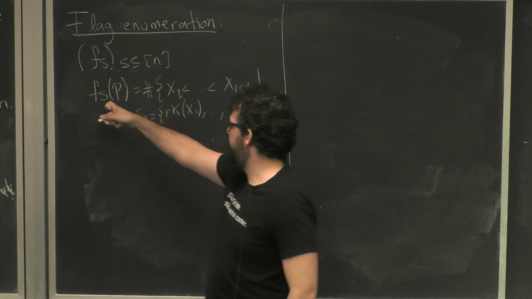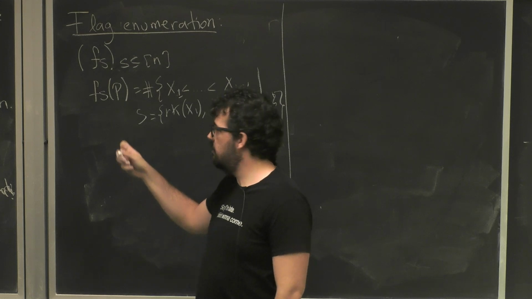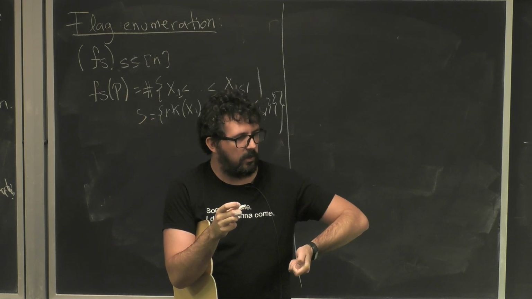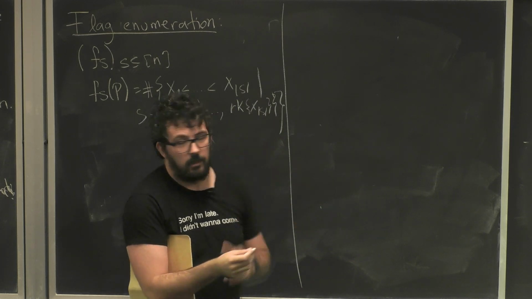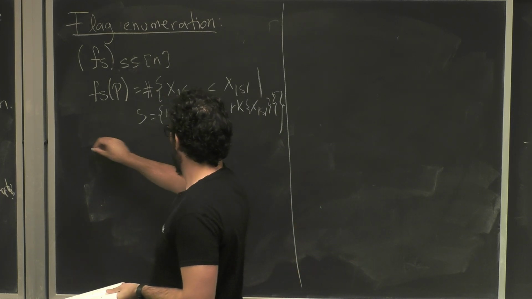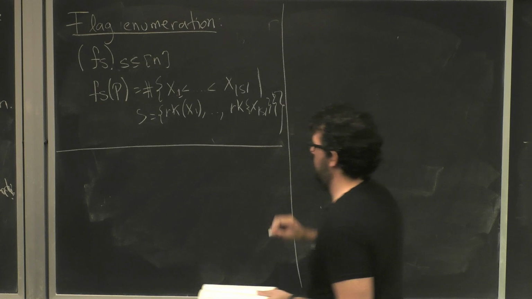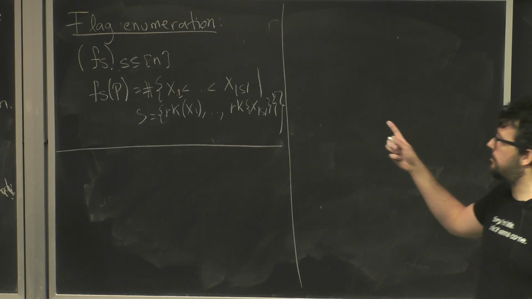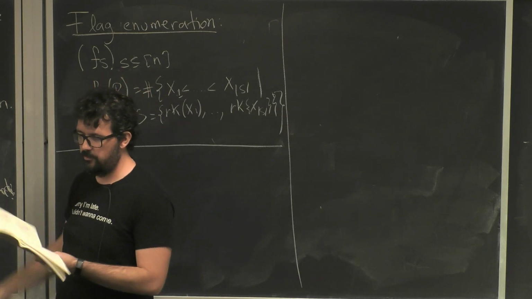If I want to count what's F_{1,3} of P, I count how many chains there are with one element of rank 1 and one element of rank 3. So it's like an f-vector. It's a refinement of the f-vector of this simplicial complex over here.